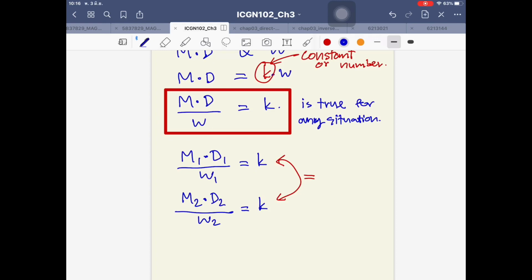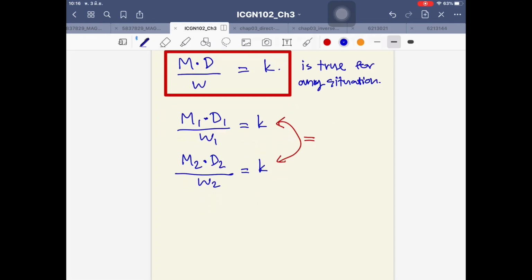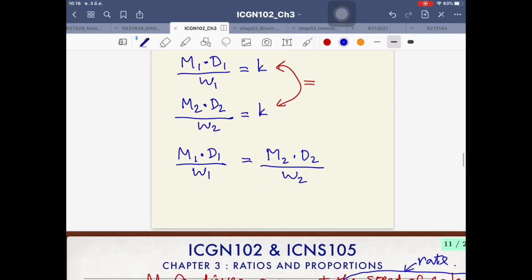So here, we can get this formula. First, M1 multiplied with D1 divided by W1 must be equal to M2 times D2 divided by W2. This is the first form of the formula for the problem of time and work. This will be in the fraction form.